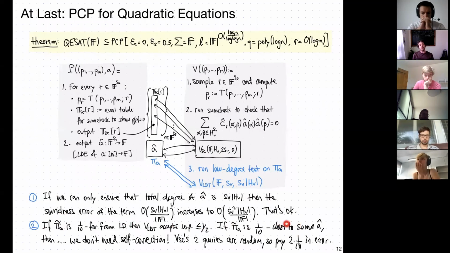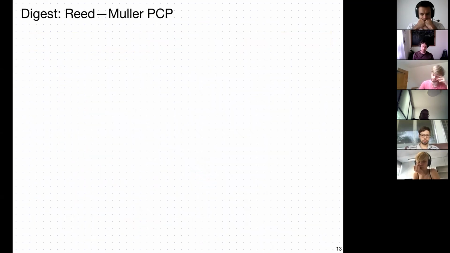But if we are close, then, as opposed to what happened with the Hadamard setting, where we really needed self-correction, here the two queries that we have are completely random, so we can just pay a union bound over these things. Alternatively, we can draw a random line and correct the point by interpolating the value along a random line. So there are two approaches that you can take.